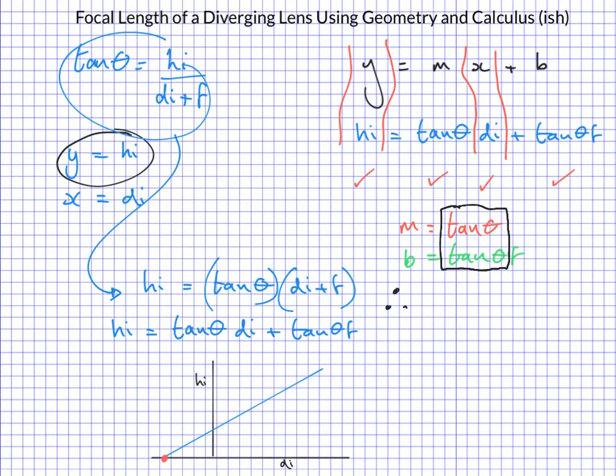So I can therefore say that b is equal to mf. In other words, the slope times f. So b is equal to slope of the line times f. In other words, the focal length is b, the y-intercept, over the slope.